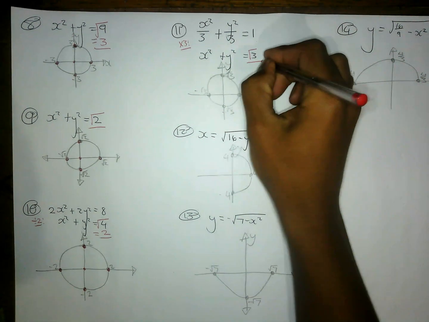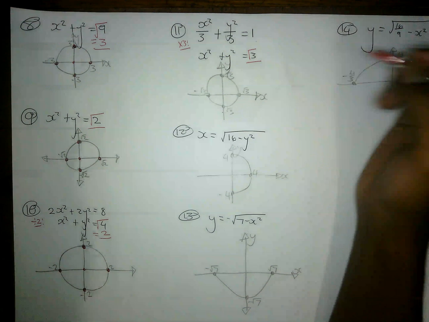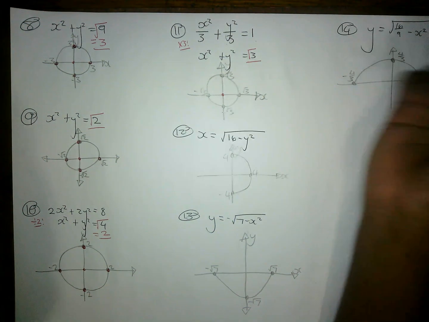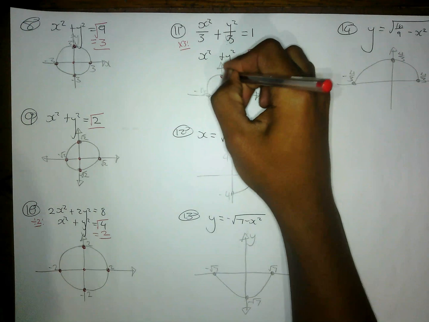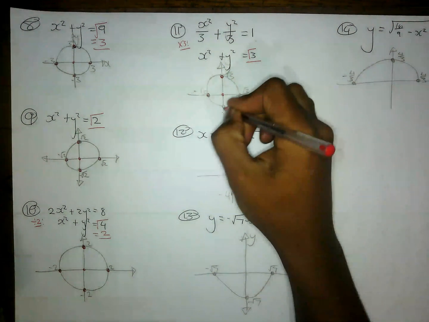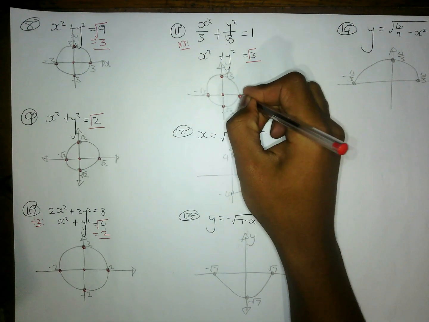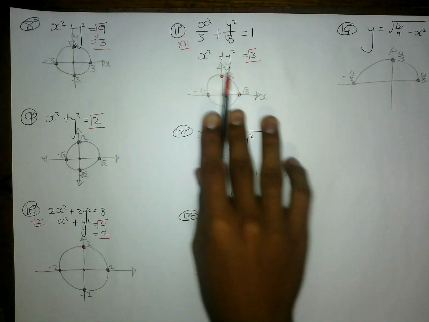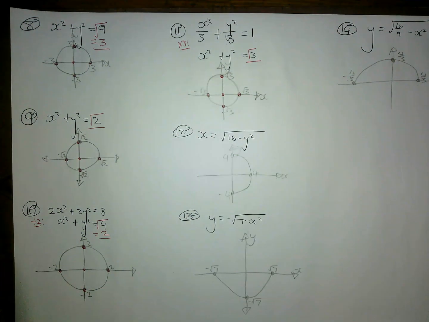Square root 3 can't be simplified anymore, so that's our radius from the center. We plot our square root 3 there, our negative square root 3 over there, and our positive square root 3. Then we draw a circle. Nice and straightforward, yeah?